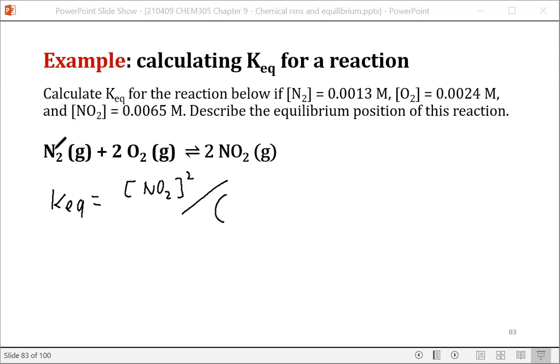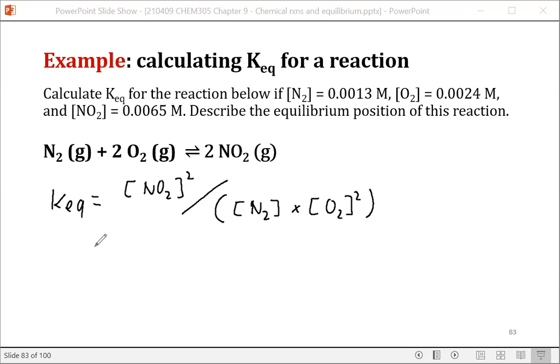So divided by the concentration of N2. And there's no coefficient in front of it, so it's just raised to the 1, or just the concentration of N2, times the concentration of O2, our other reactant. And it has a coefficient of 2, so we're going to raise that concentration to the power of 2, or square it.